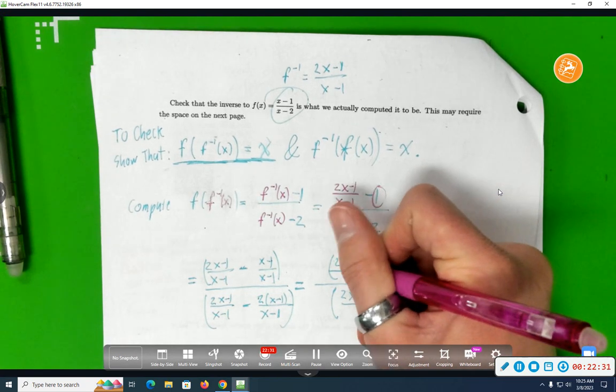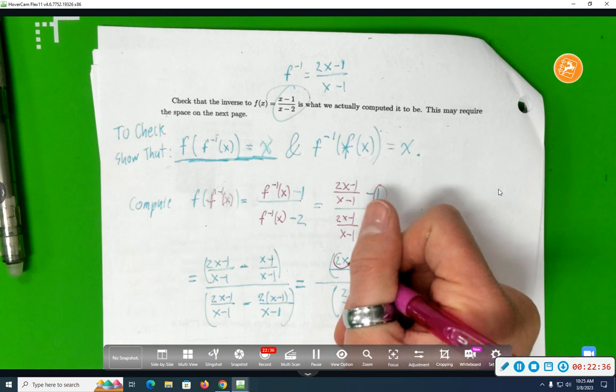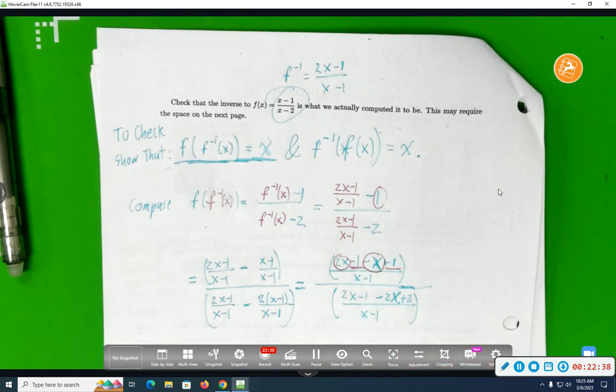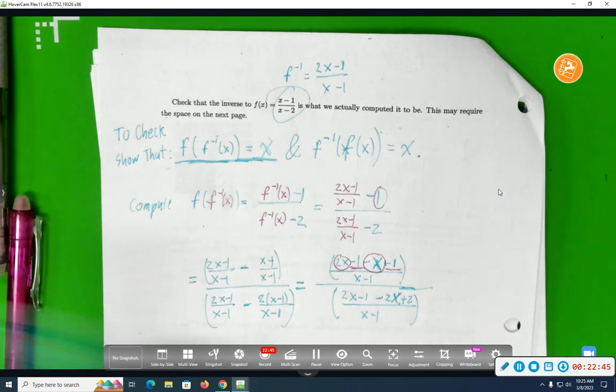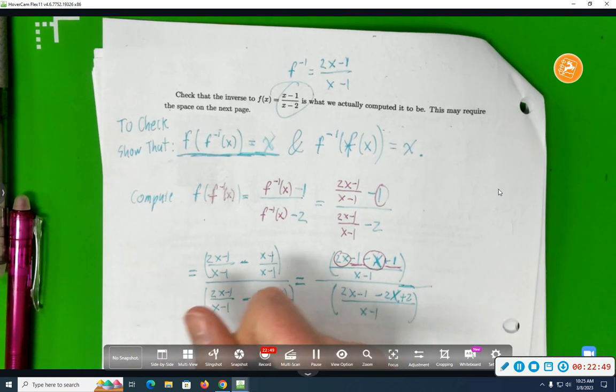Yeah, so I see a plus 1 and a minus 1, those will cancel. I also see 2x minus x. So what does that whole numerator become? Just x. So I'll end up with x over x minus 1.